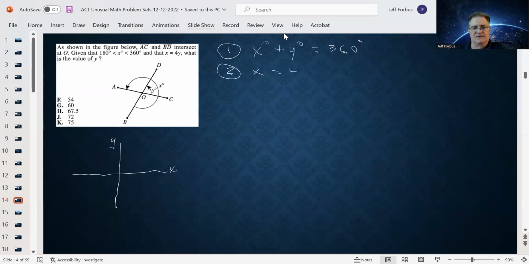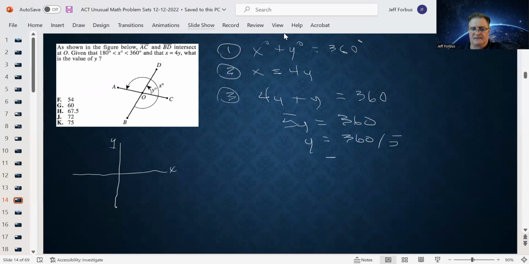X is equal to 4y. What is the value of y? Well, let's do this real quick. Substitute. We know x is 4y, so substitute 4y into x. 4y plus y is equal to 360. 4y and y is 5y.